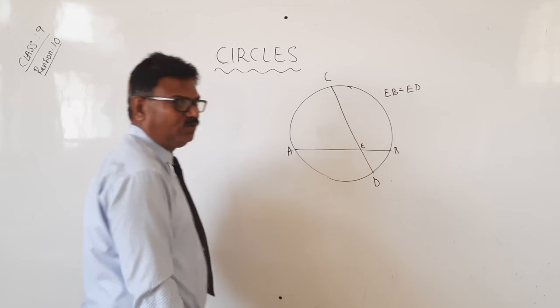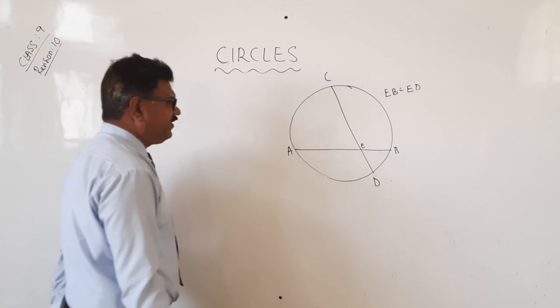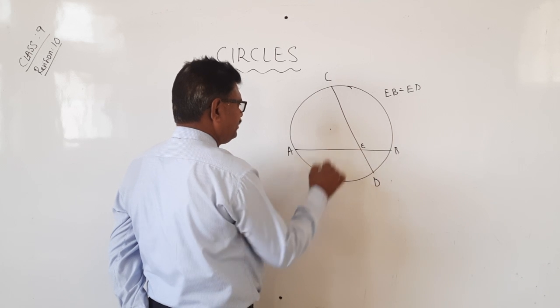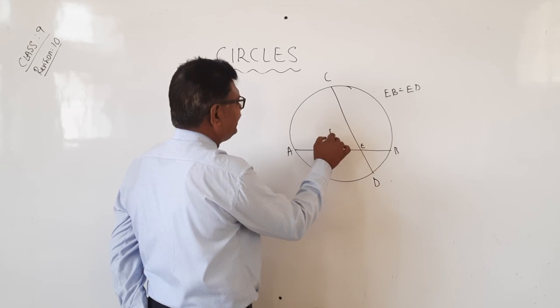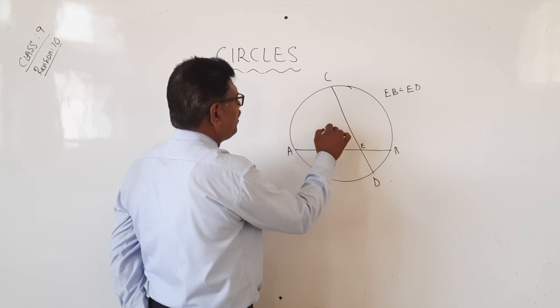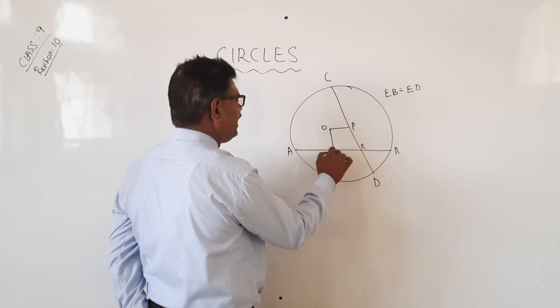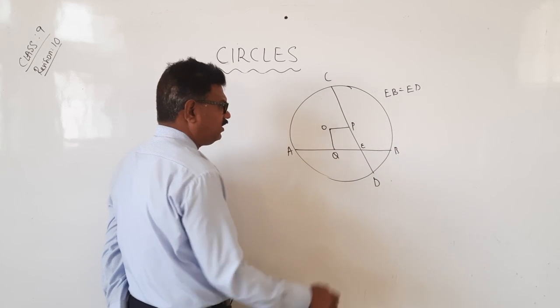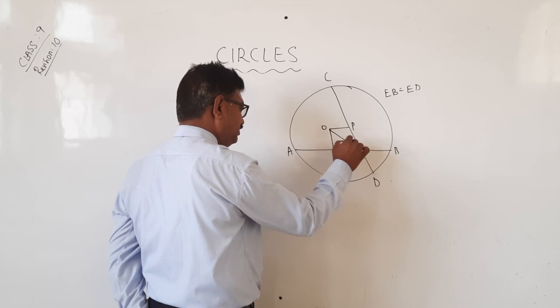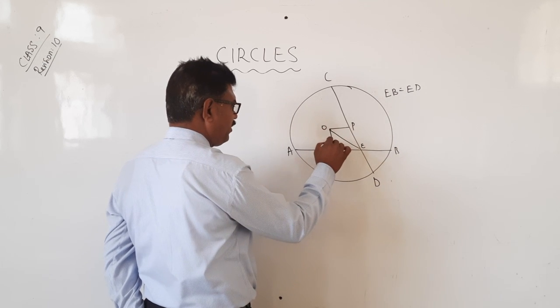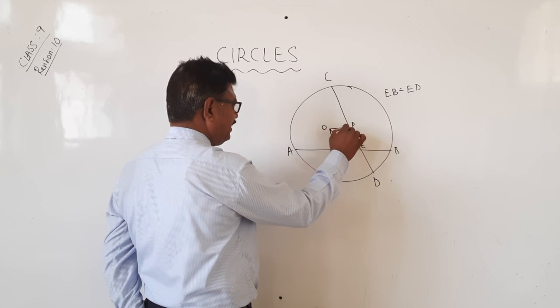For this, very simple, I am doing like this. Draw perpendiculars, one is OP and one more is OQ. Now join this. Perpendicular means like this and like this.